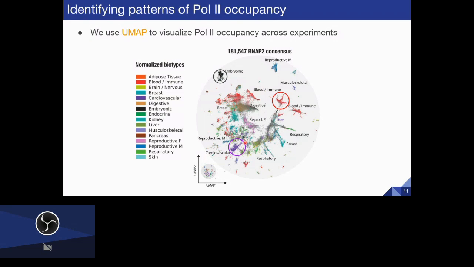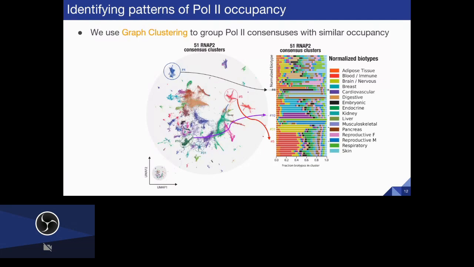To retrieve these groups, we use graph clustering, and we identified 51 clusters with very specific identities. The ones we observed were the embryonic one, the cardiovascular one, and the blood or immune one.